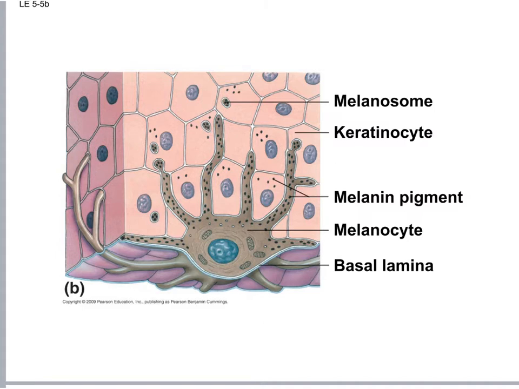when the melanocyte is not producing it fast enough, they're going to have real fair skin, right? Very fair skin. If the melanocyte is producing the melanin at a faster rate, a person will have darker skin, right? The more melanin there is, the more protected the DNA is. The less melanin, the more susceptible that nucleus is to UV radiation.